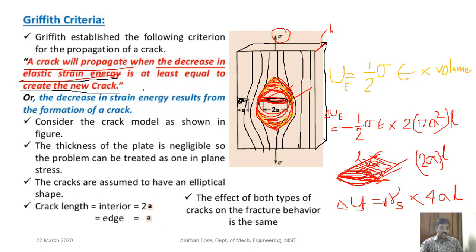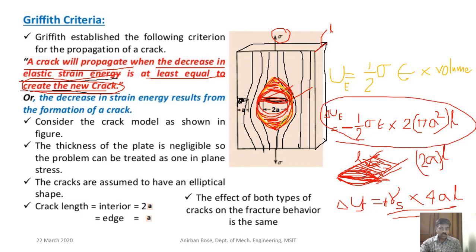So according to this criterion, a crack will propagate when the decrease in elastic strain energy is at least equal to the energy needed to create the new crack. To create the new crack, the energy required is basically the surface energy. The energy released from the strain energy will be used to create these new surfaces. So when will the crack propagate?